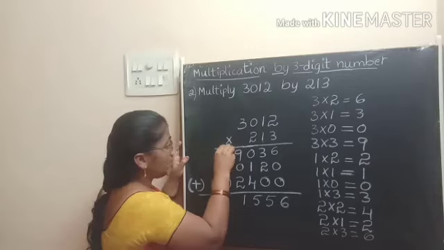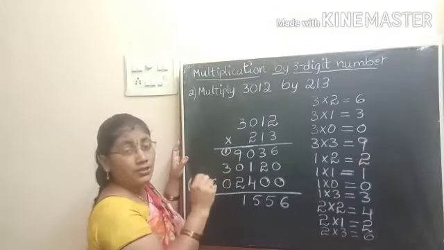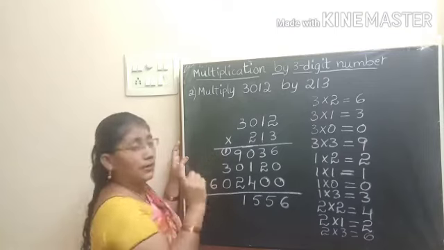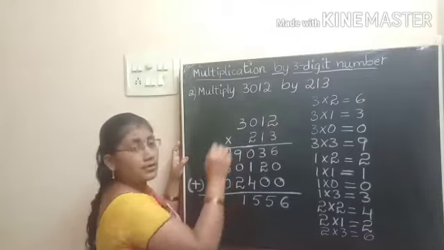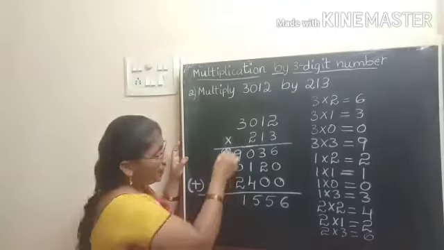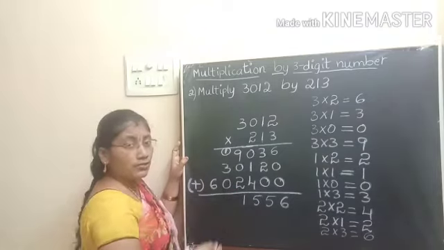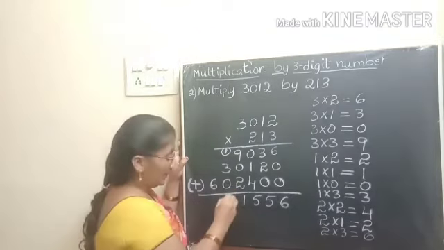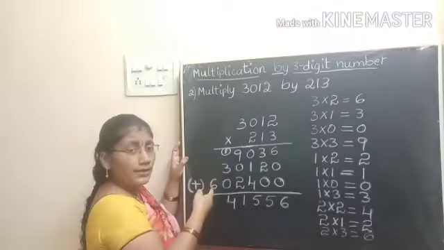This carry belongs to addition, not to multiplication. So we should write it here only. Don't write above these numbers. Understood? So now add carry and this digit. 1 plus 3, 4. 4 plus 0, 4 only. And is there any other digit or carry to add?